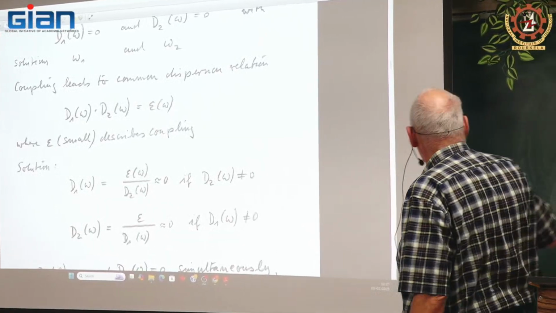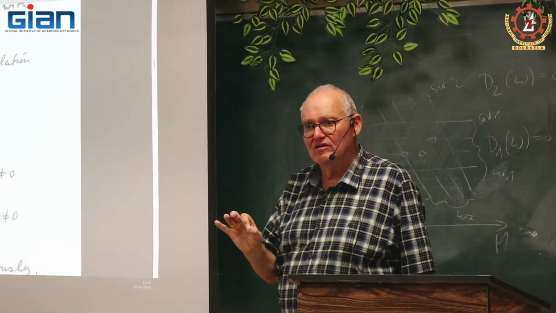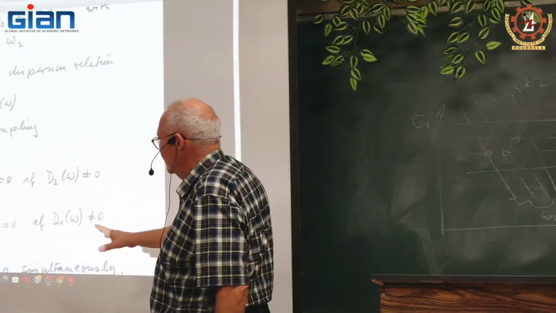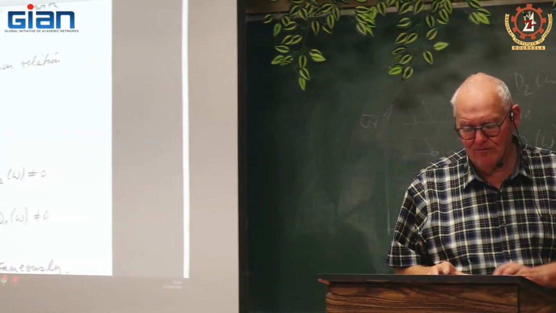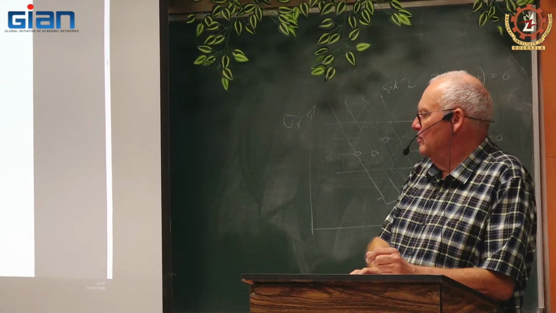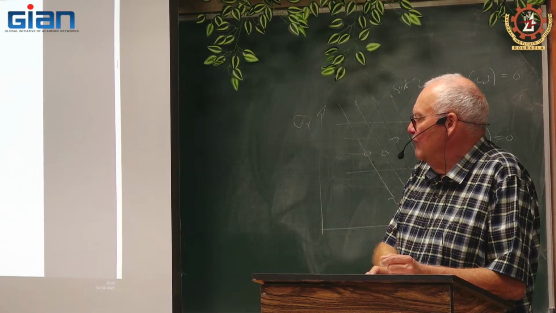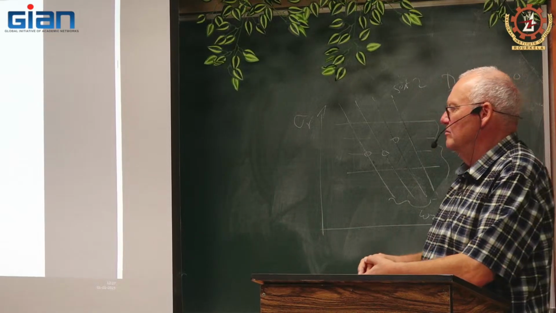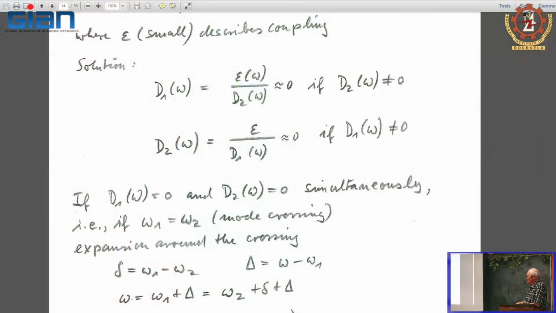Okay, so apart from the crossings, we have the original modes, but close to the crossings, we have to take into account the coupling between the two sets of modes described by the dispersion relations D1 and D2. So if D1 and D2 are simultaneously zero, that means if omega 1 is equal to omega 2, that means at a mode crossing, we have to consider what happens due to the coupling.